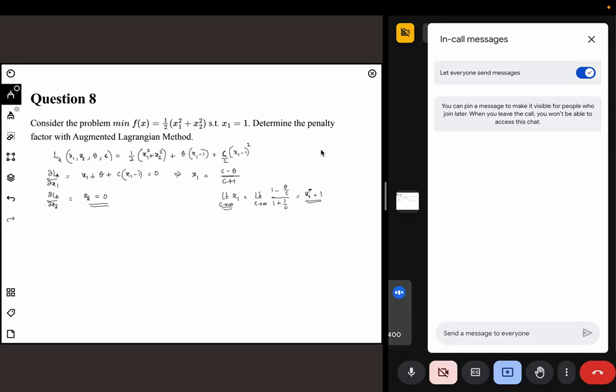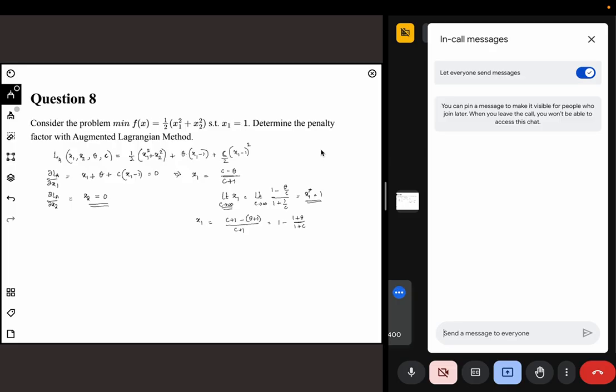All we have to do is rewrite this equation as something like x1 equals c plus 1 minus theta plus 1. So let's say I write something like this: 1 minus 1 plus theta by 1 plus c, right?